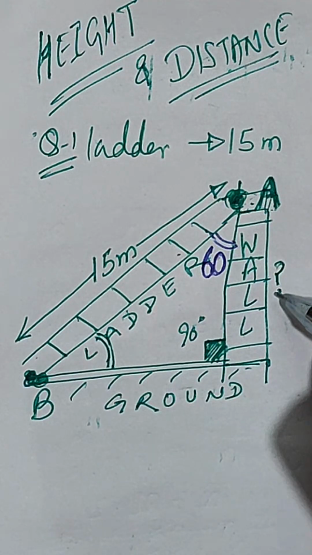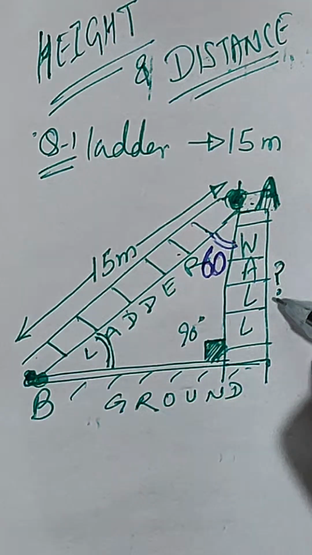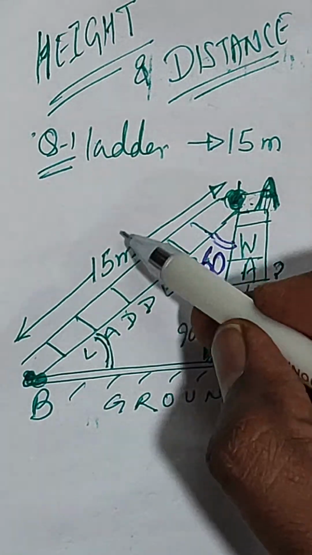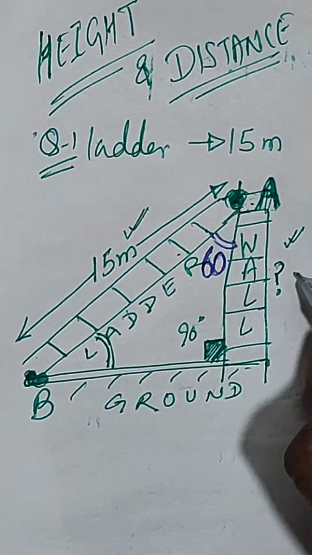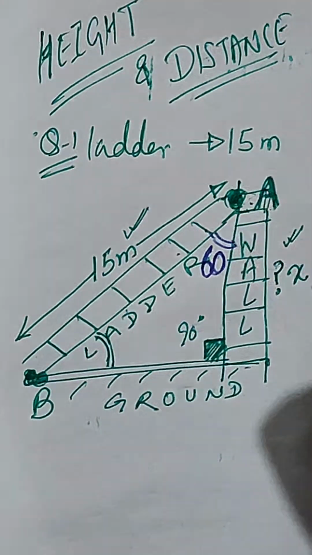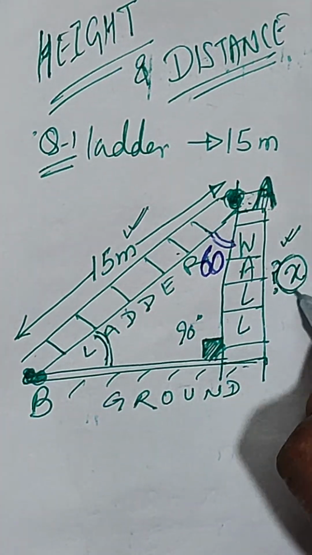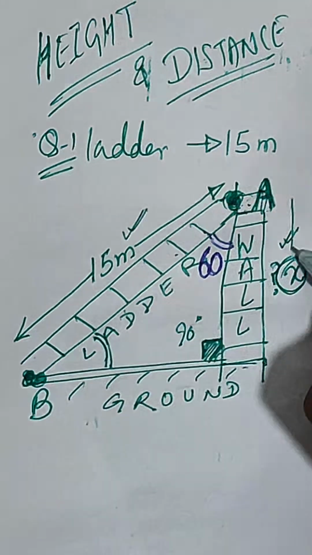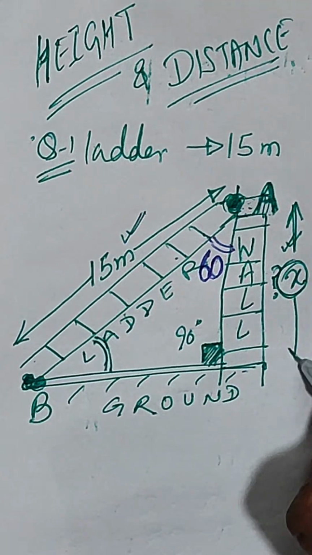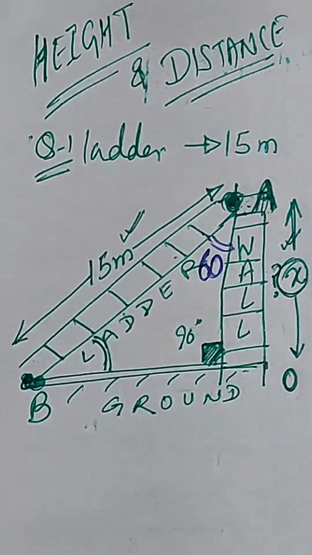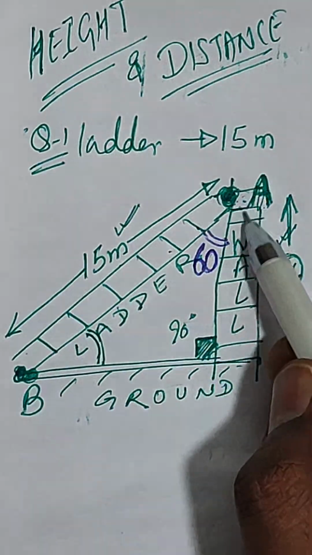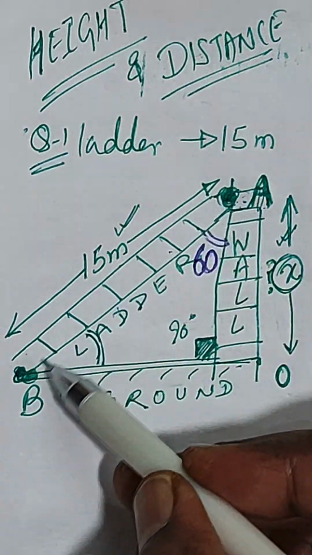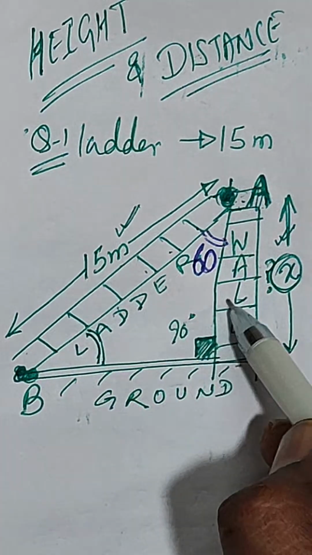So if you are recalling the trigonometrical ratios, what is the relation which will give the relation between this and the height of the wall? Let us assume the height of the wall as x. Let us assume it, right? This is x, A to O, right? So if this is x, then the relation between this height and this hypotenuse is given by what?